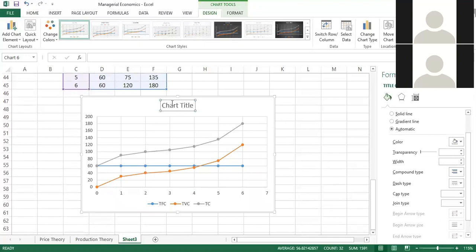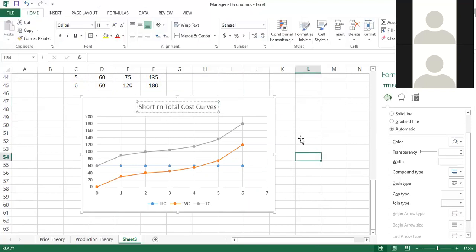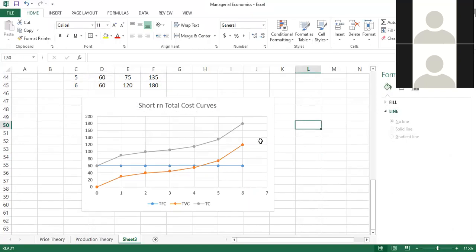These are the short run total cost curves. So we can see the short-run total cost curves will take this shape. Normally this is the pattern.